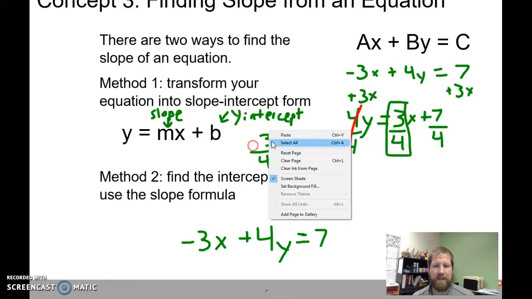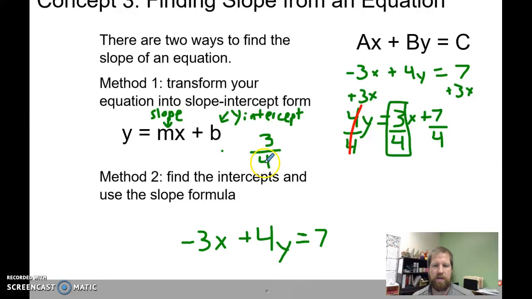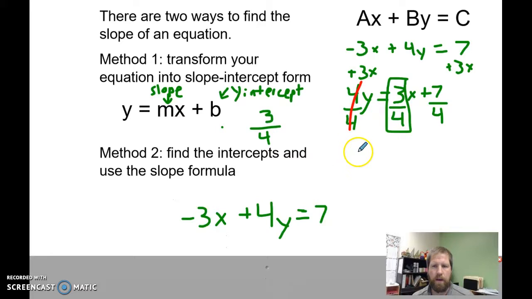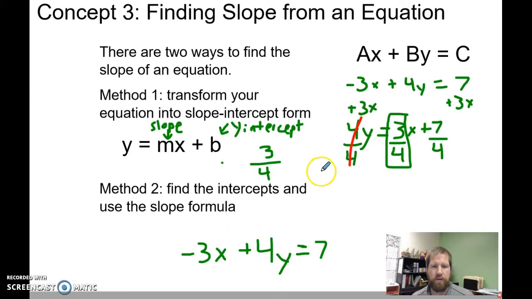That's my rise over my run, my change in y over my change in x. So that is the one way to do it. Keep in mind, the big thing is you've got to have y by itself. It can't be multiplied or divided or added or anything.